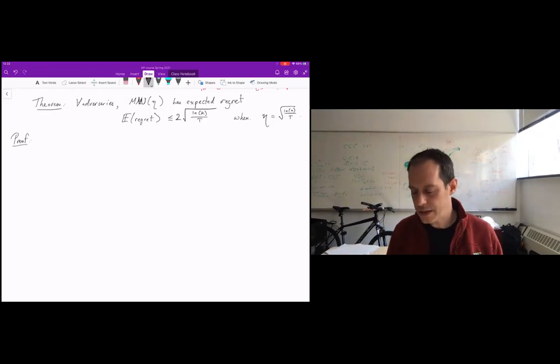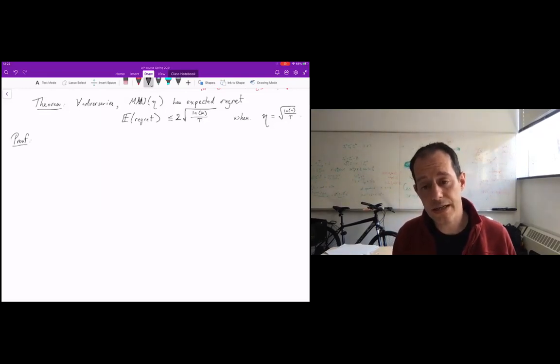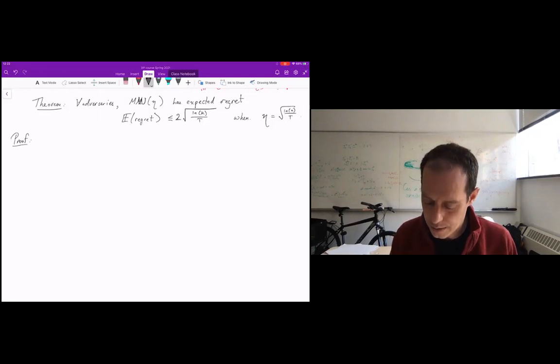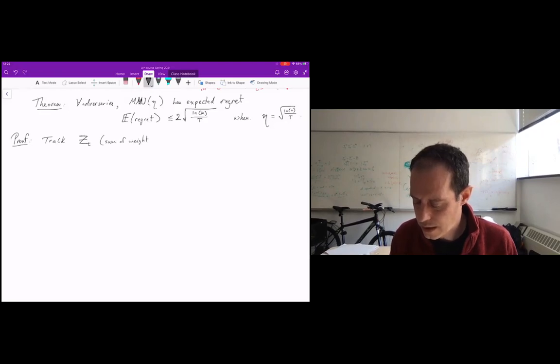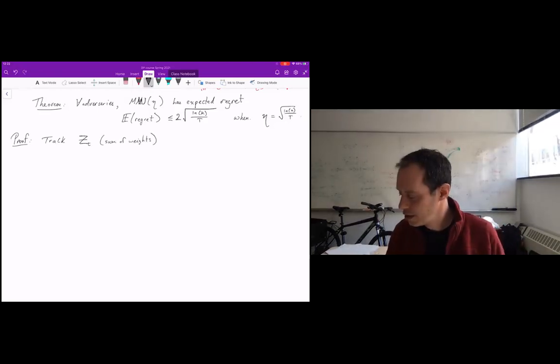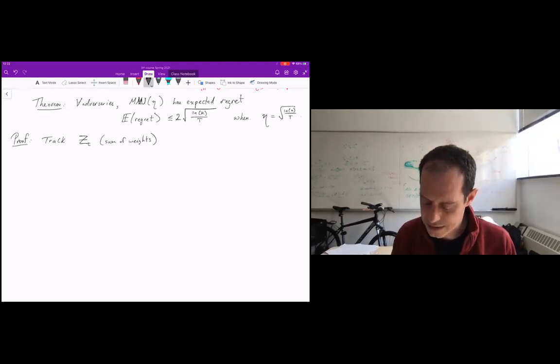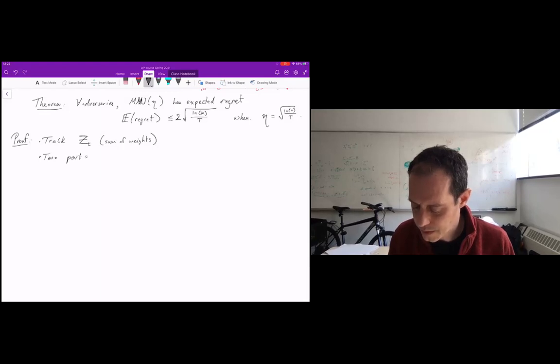All right, so what's the idea of the proof? The idea is that we're going to track Z_t, the sum of the weights, and we're going to have two basic facts, two sublemmas, two parts to the proof.